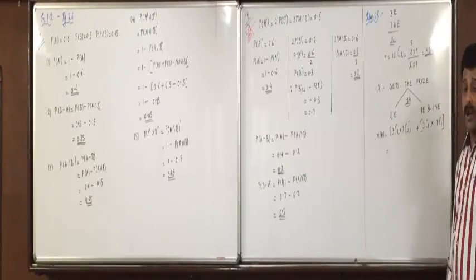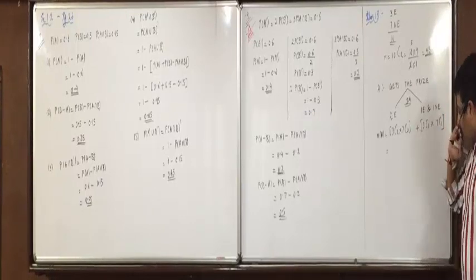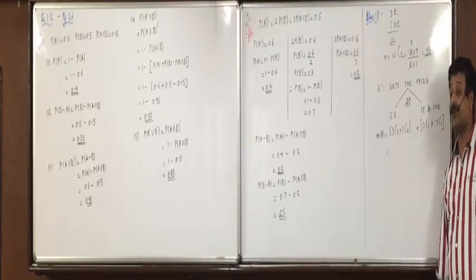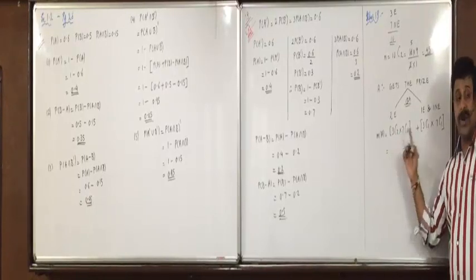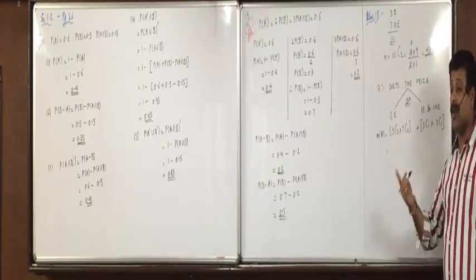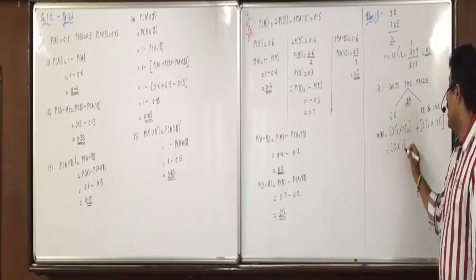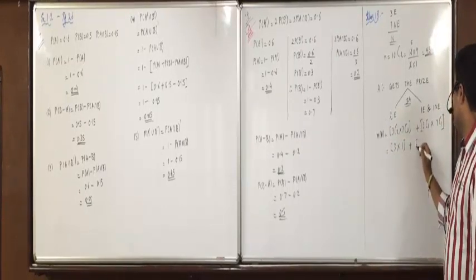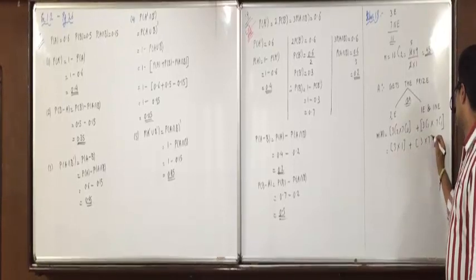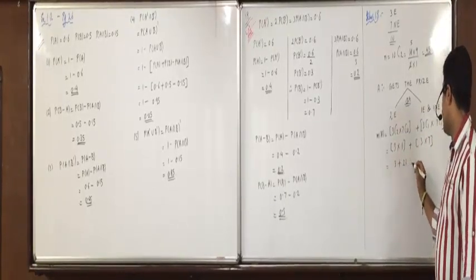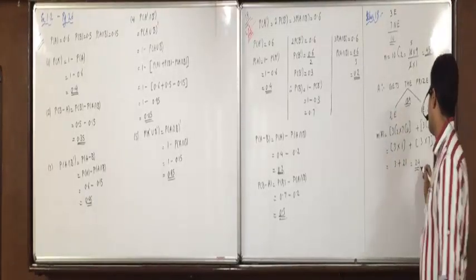Of this I told you the shortcut yesterday. What is 3 minus 2? 1. So 3C2 will be equal to 3C1. And what is 3C1 equal to? 3. Anything C0 is 1. And this is 3 into 7. 3 plus 21, that is 24.